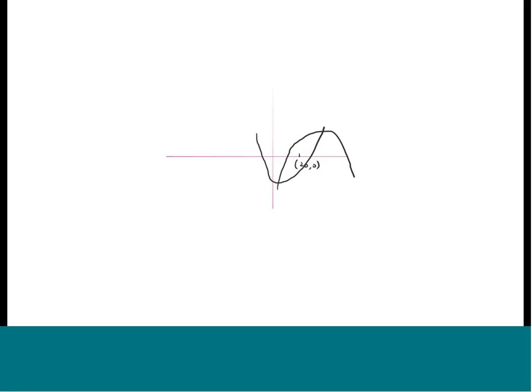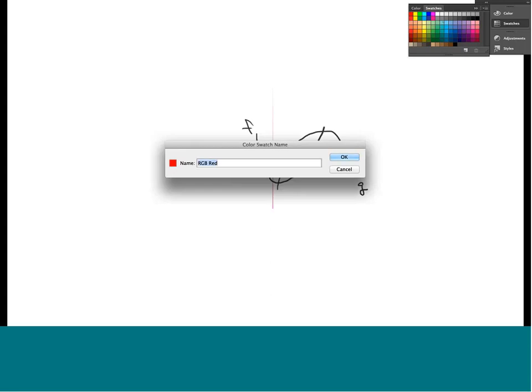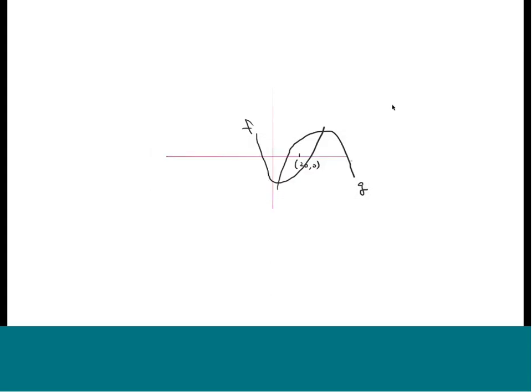So that would be the f, that would be the g. So the thing is, here is going to be x1, it's going to be x2, going to be x3, maybe x4. Okay?